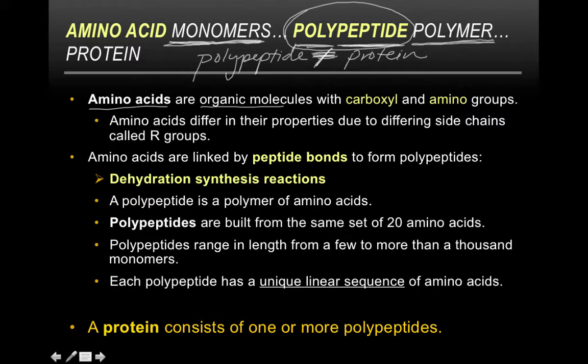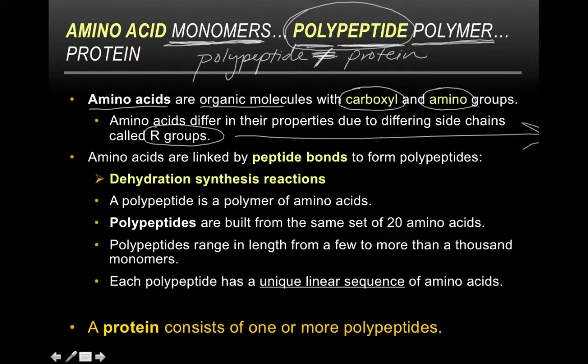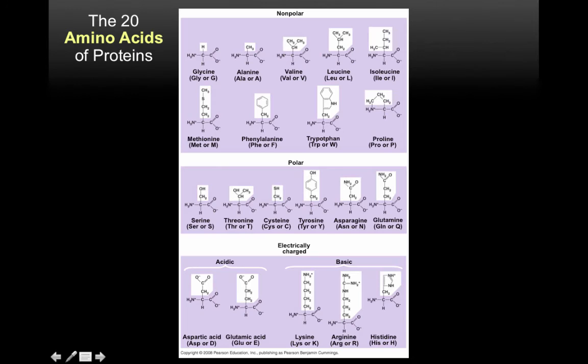All 20 types of amino acids have a carboxyl functional group and an amino chemical group. The way in which the 20 amino acids differ is in the third chemical group, which we refer to as the R group. Let's take a look at the next slide to see what these 20 amino acids look like, and then we will return to this slide.